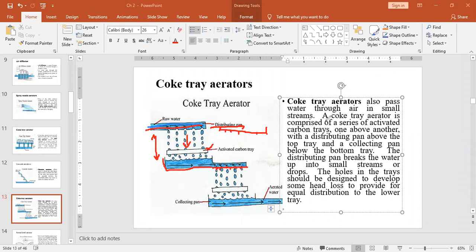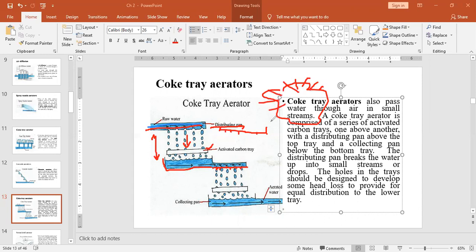Why should the activated carbon tray be provided? I told you, activated charcoal has a tendency toward a physical phenomenon, a surface phenomenon. It is a porous material.